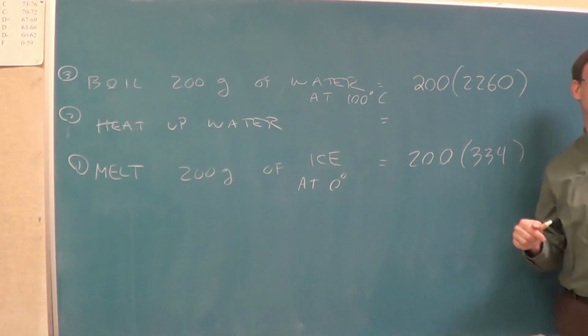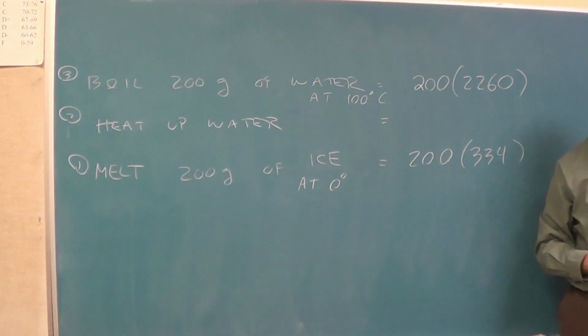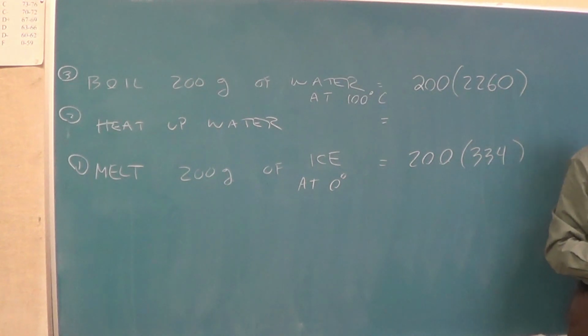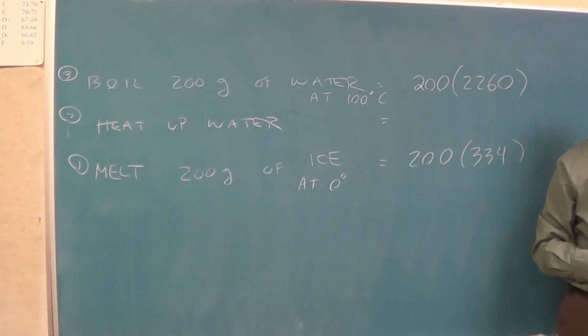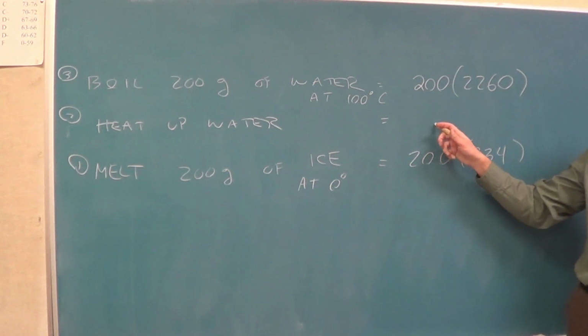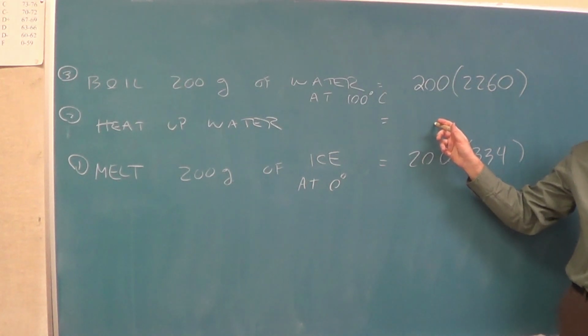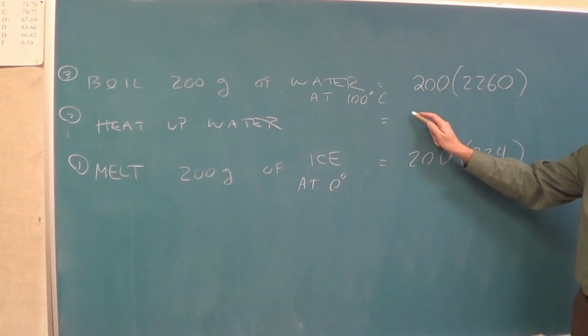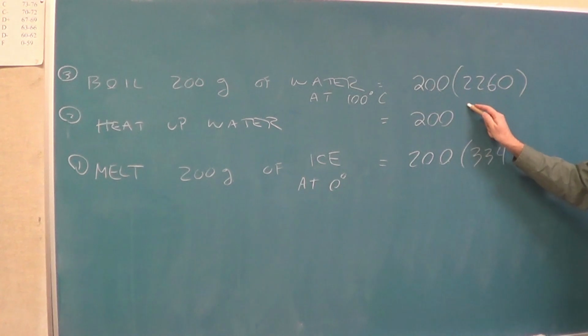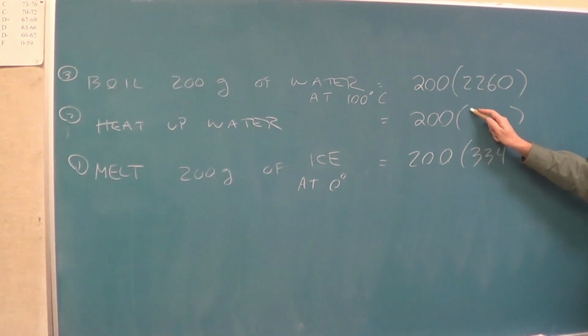That's not new today, that's old-ish. Well, subtracting is involved, but how do we do the joules it would take to heat stuff up? How do we do that math? Yeah, we're doing that MC delta T thing. So we would take a mass times, what's the specific heat for water? 4.18.